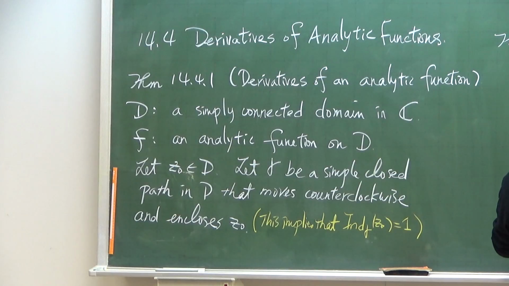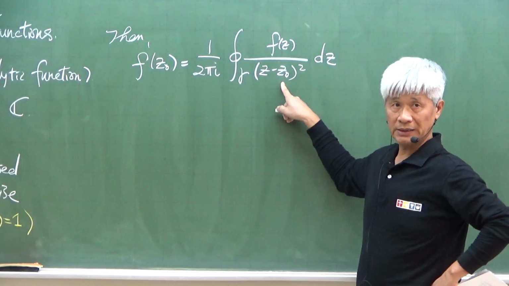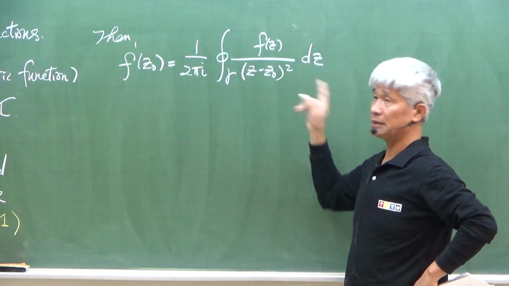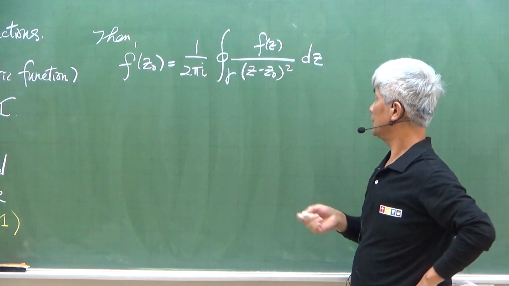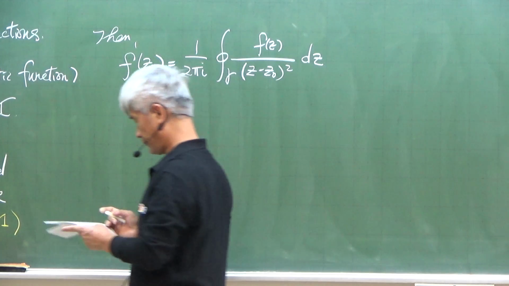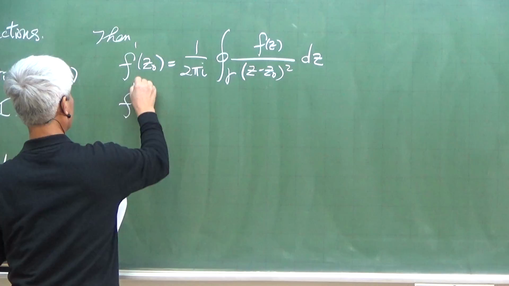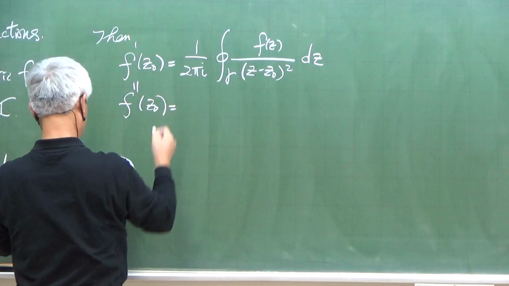Okay, so very similar to the Cauchy integral formula, but this time the denominator is the square of z minus z0. Okay, and also we can have the second derivative.